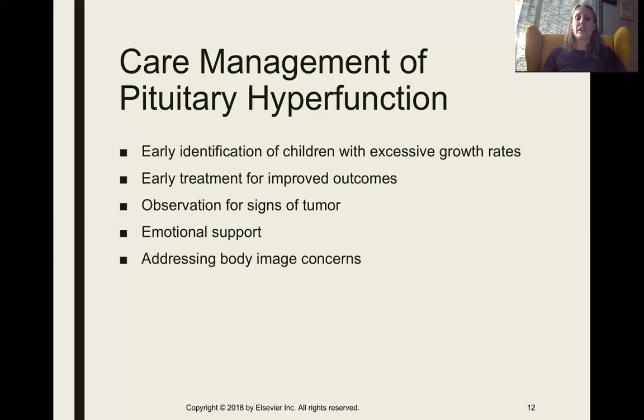Or we might provide hormone replacement depending on what the cause is. We're always going to want to provide emotional support and address the body image concerns that come along with this, and with anybody who is going to end up looking different than what normal is, right?